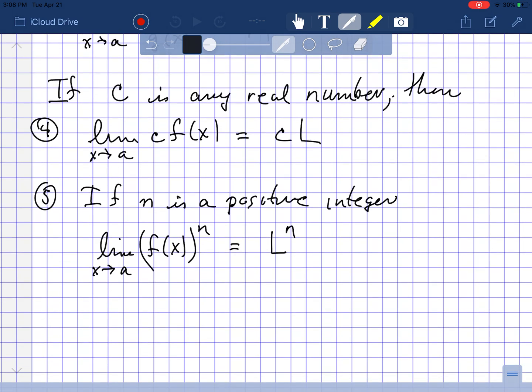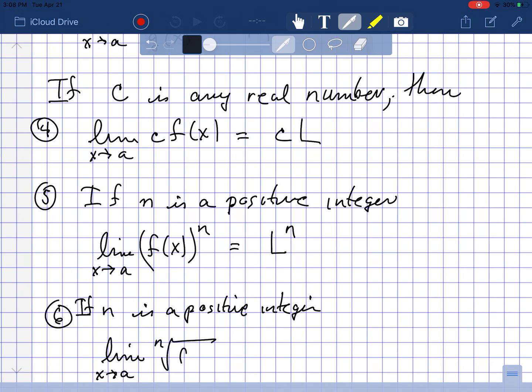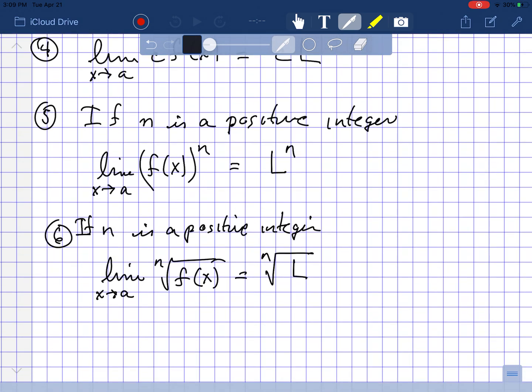And likewise, if n is a positive integer, then the limit as x approaches a of the nth root of f of x is equal to the nth root of L. And here I have to mention, in order for this to work, if n is even, L has to be positive.